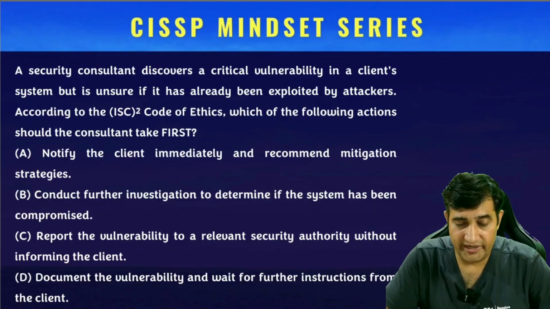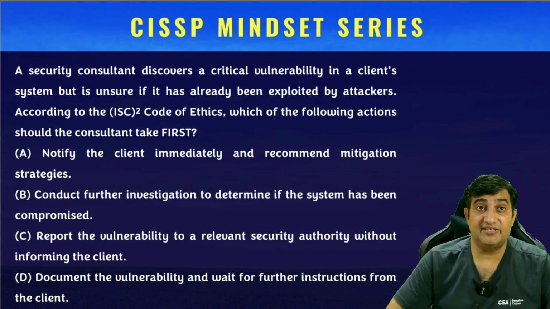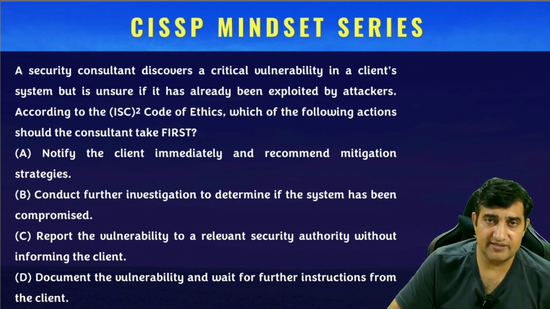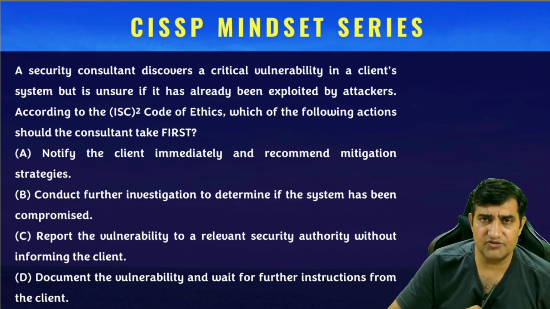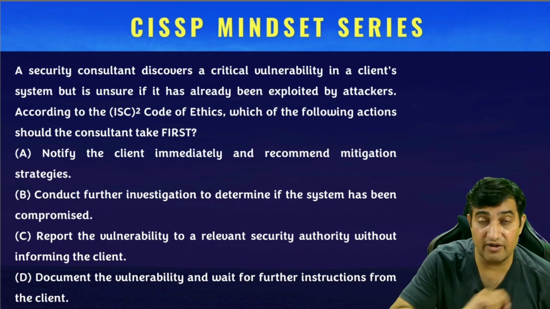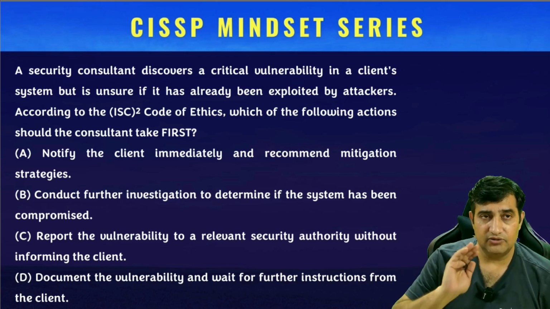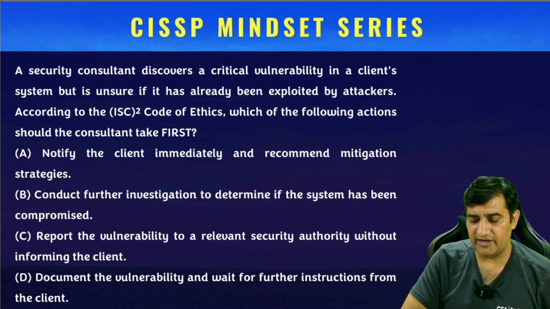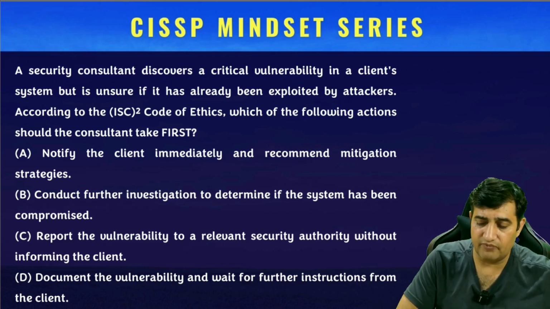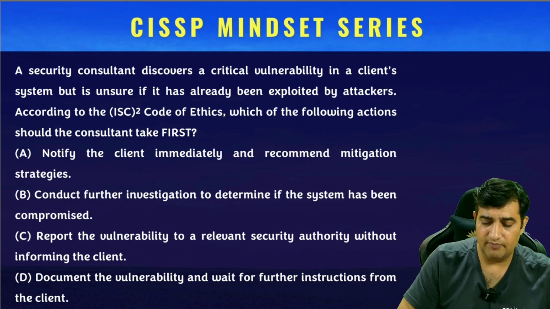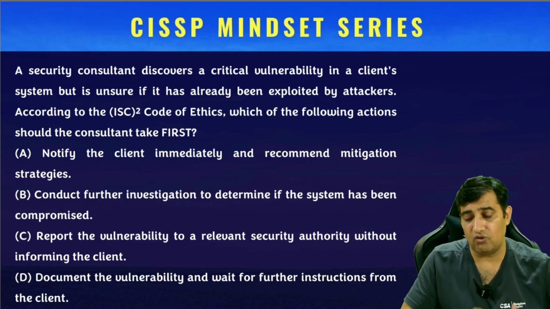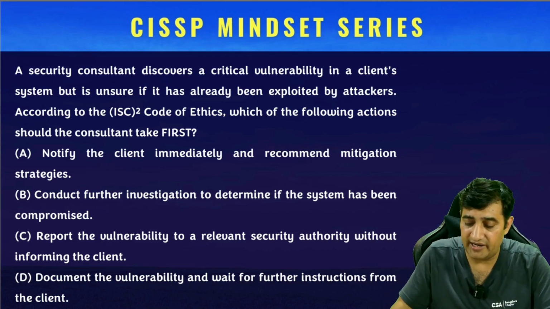Okay team, very interesting question and a very testable topic in the CISSP exam. At least expect one question from this particular area, 101%. One question or two questions you will definitely get. So the question is asking, a security consultant discovers a critical vulnerability in a client system but is unsure if it has already been exploited by an attacker.